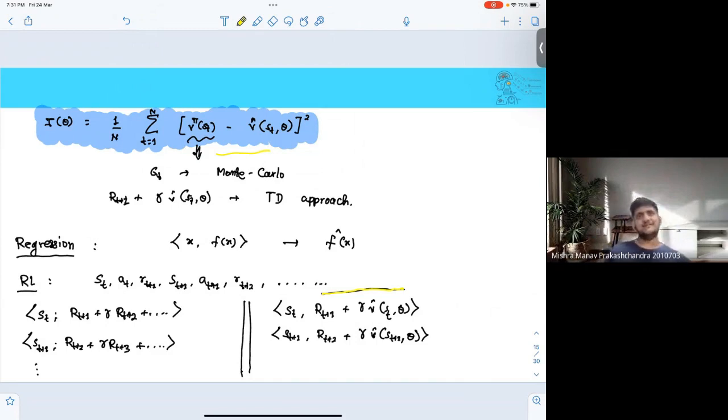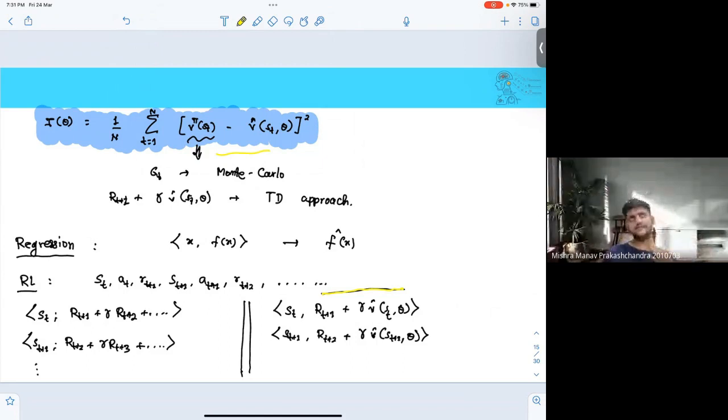So if you look at the rule based method wherein we do target minus current estimate, we see that the target is in a way non-stationary, because any update that I make to my current estimate in a way affects the target. That means any error or any bias that is introduced in the current estimate will again affect the target.